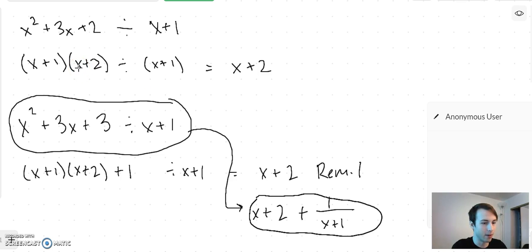But we can't always do that. Like in here, how else would we know that x plus 1 is a factor? How would we know to factor it this way? Well, I guess we could complete the square in this case. But how do we take care of this in the general case?